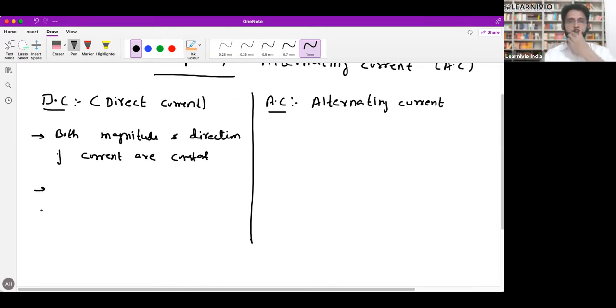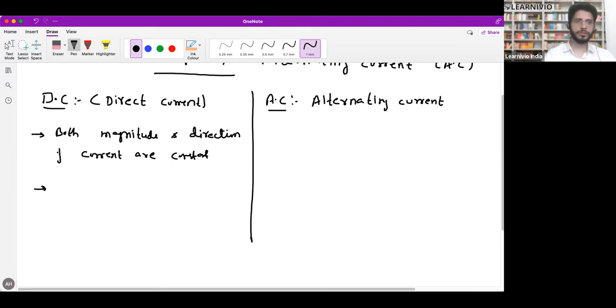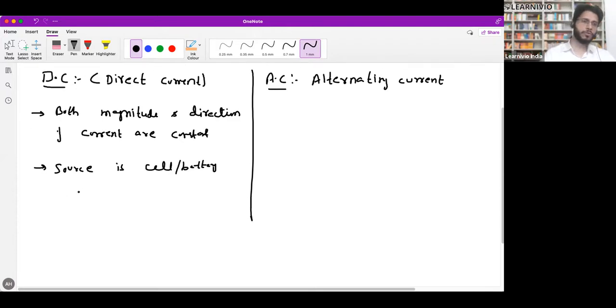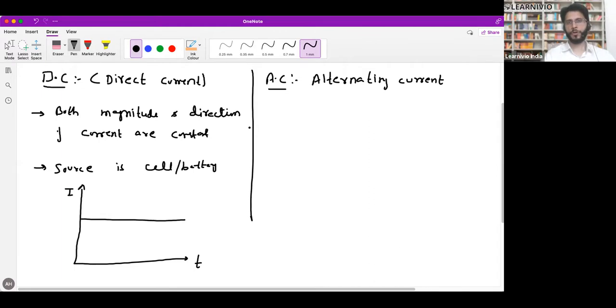Its source is a cell or battery. When you draw the current versus time graph for a DC current, it is a straight line.